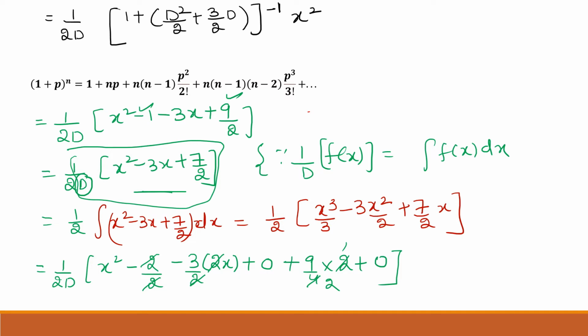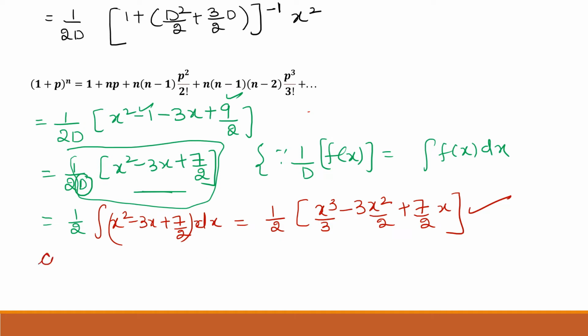Okay. So what is our complete solution? So this is our particular integral, and we know the complete solution is equal to the complementary solution plus the particular integral, right? So y is equal to, what is our complementary solution? The complementary solution was c1 e power 0x.